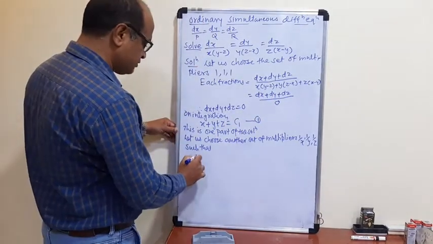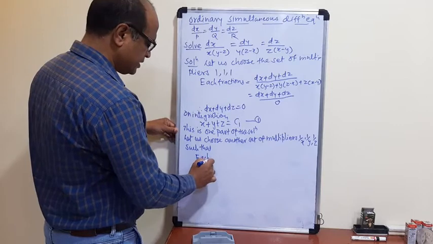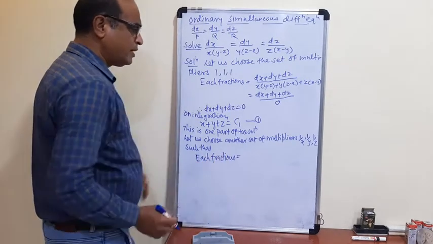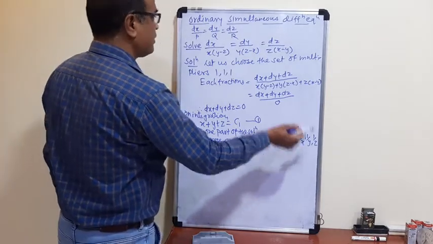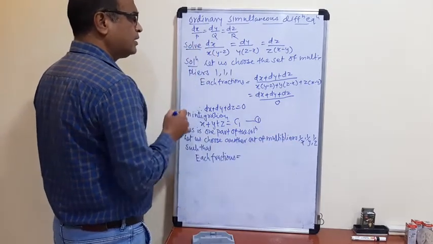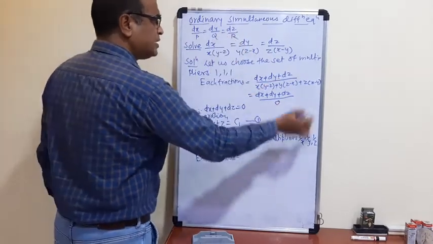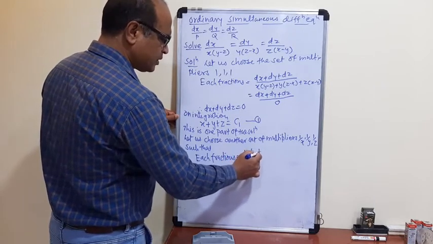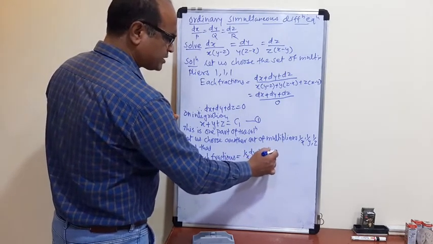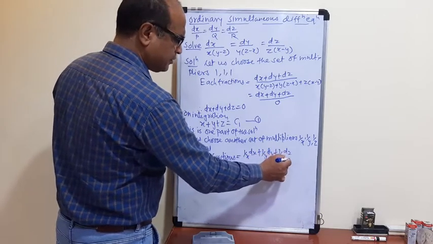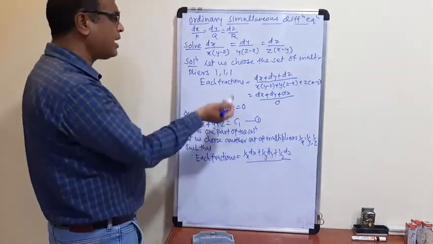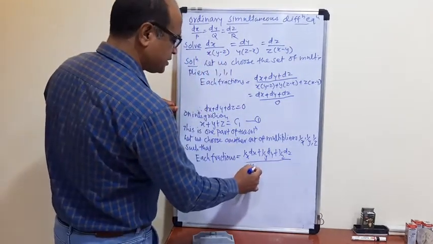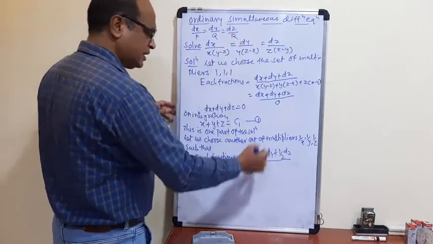Multiplying 1/x to the numerator and denominator, 1/y to the numerator and denominator, 1/z to the numerator and denominator, and adding them, we get (1/x dx + 1/y dy + 1/z dz) divided by: multiplying 1/x to this, x gets cancelled, so y - z; multiplying by 1/y, we get z - x.